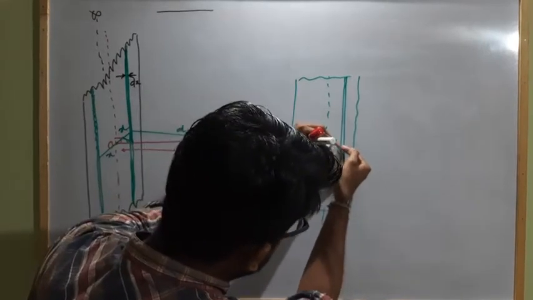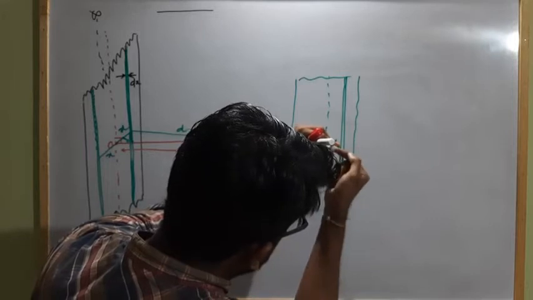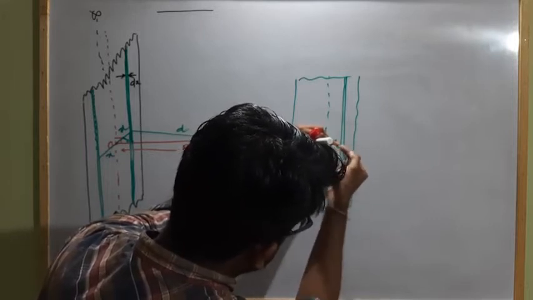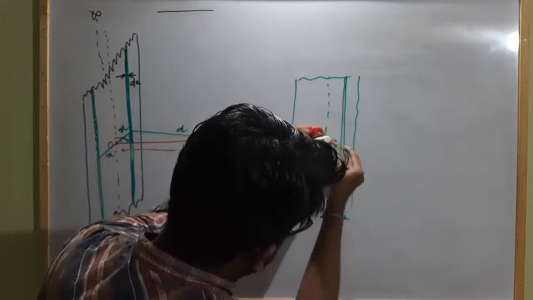The diagonal from this segment to this point, which is the hypotenuse of this right angle triangle, is d.